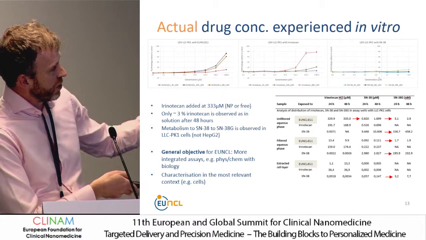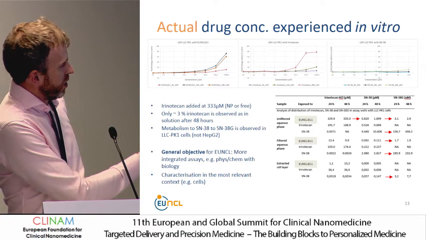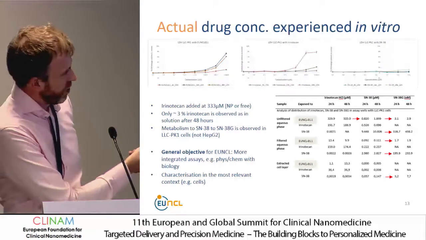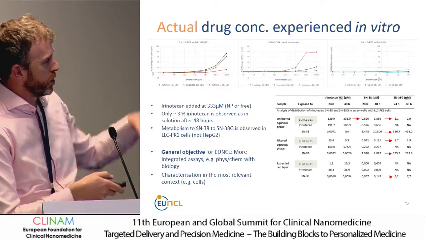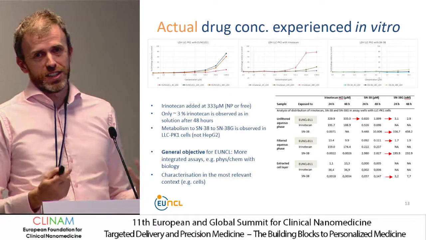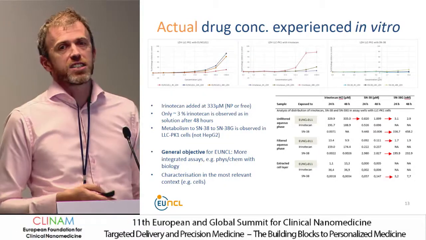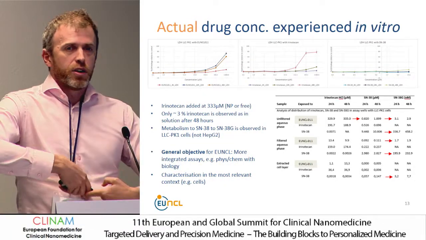Now, consider these semi-quantitative between the three types of samples. They are quantitative in a relative fashion, but you will not basically be able to close the mass balance here.